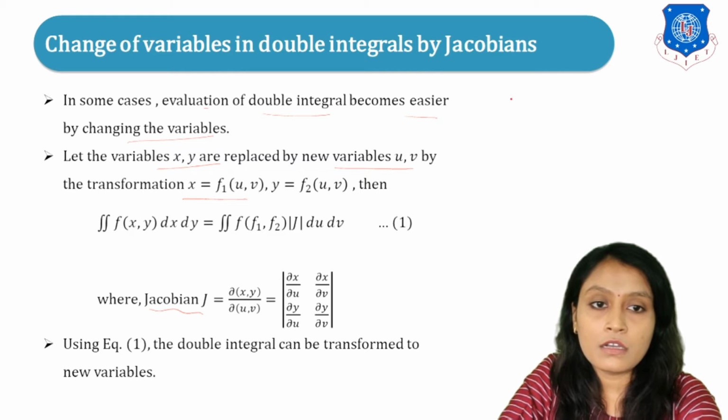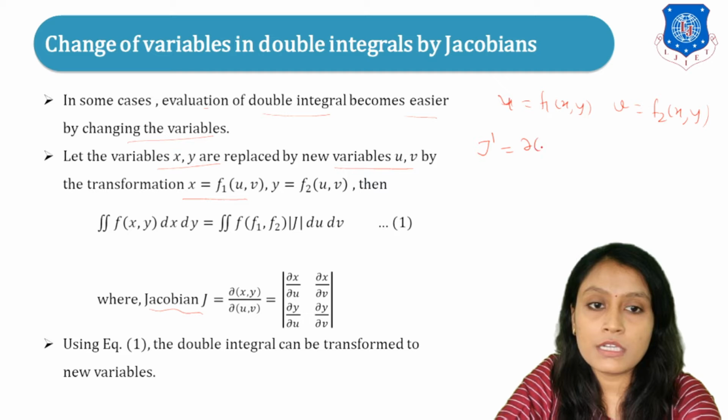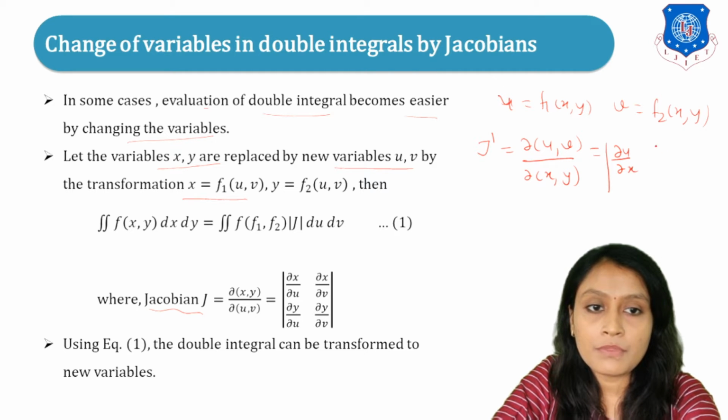Or suppose u is given as a function of xy, and v is given as a function of xy. Then we will find this J dash, which is del(u,v) upon del(x,y), and this can be expressed as the determinant with del u by del x, del u by del y, del v by del x, del v by del y.